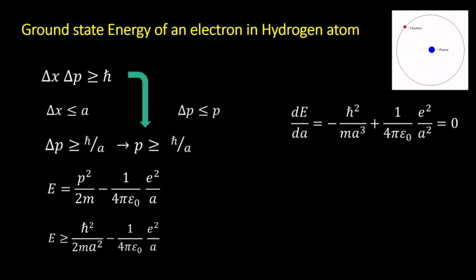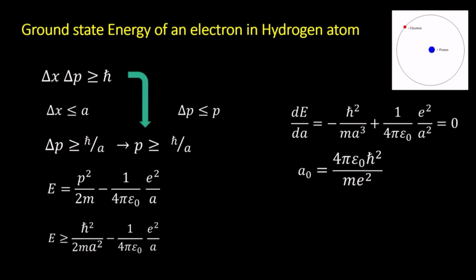So equating it to 0, we can get an expression for the minimum radius, which we denote as A0, and from this expression it gives you that A0 equal to 4 pi epsilon 0 h cross square by m e square.